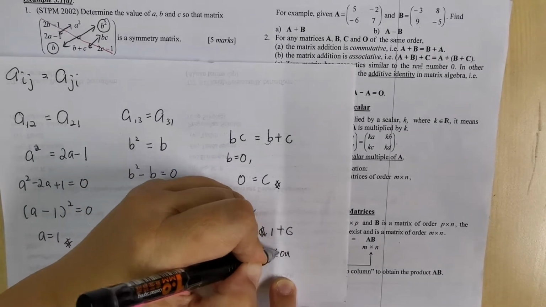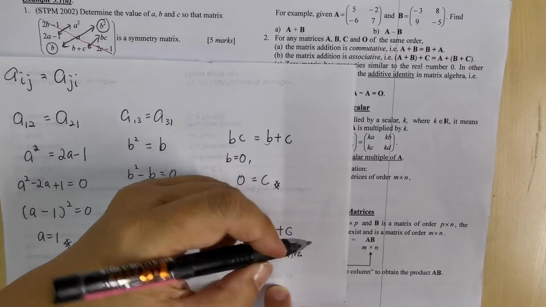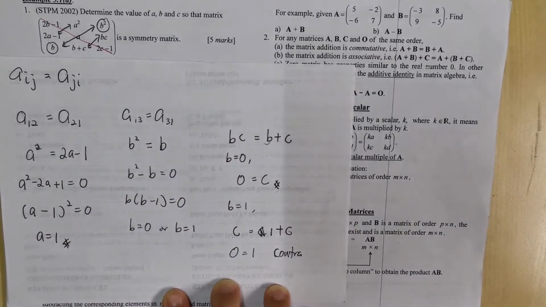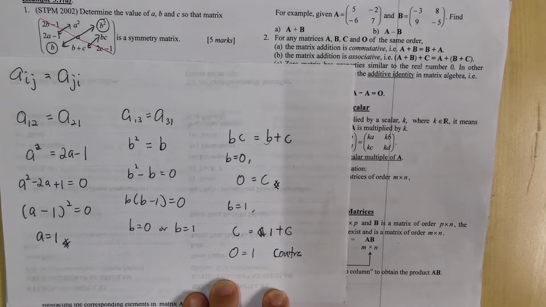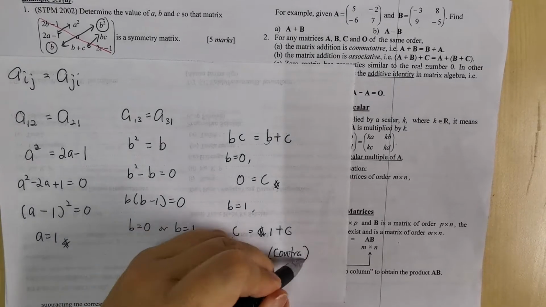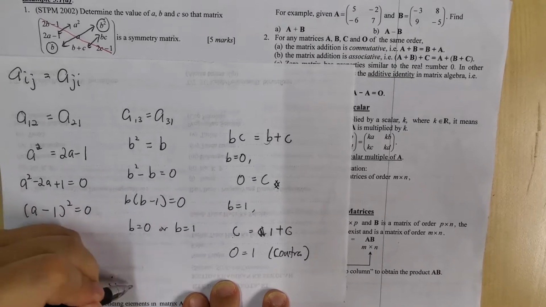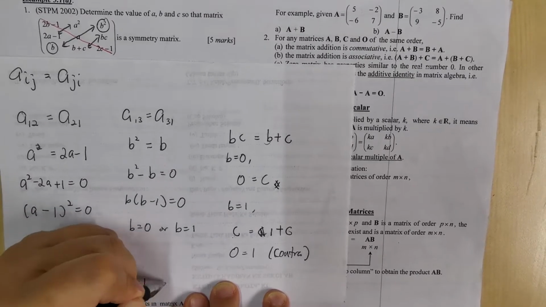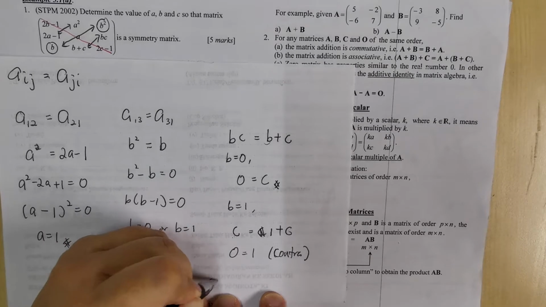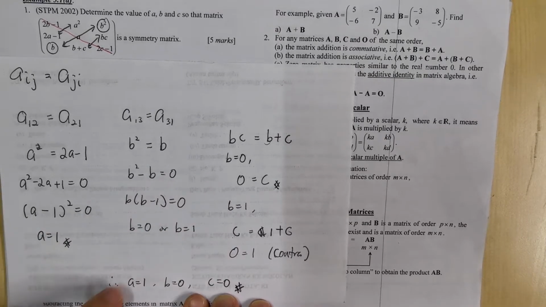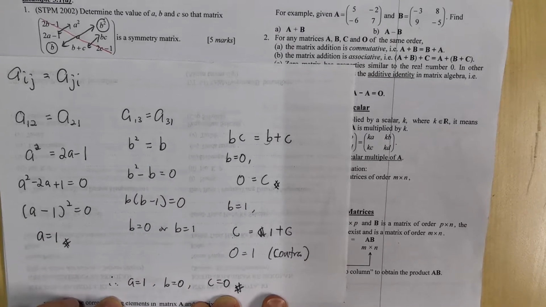So we call this a contradiction, meaning it cannot be, not acceptable. So B equals 1 is rejected. Therefore, the conclusion: A equals 1, B equals 0, and C equals 0. This is your final answer. A question like this gives you 5 marks.